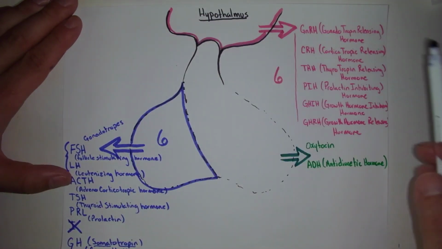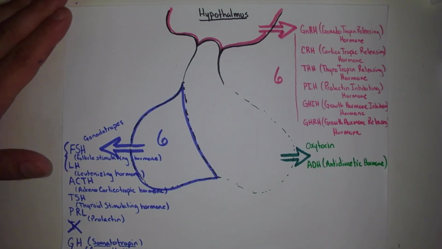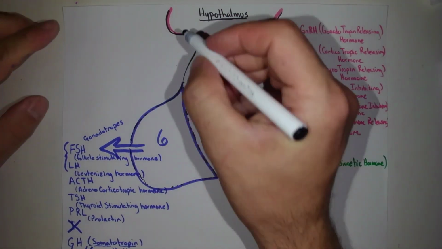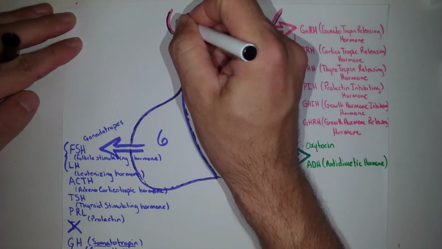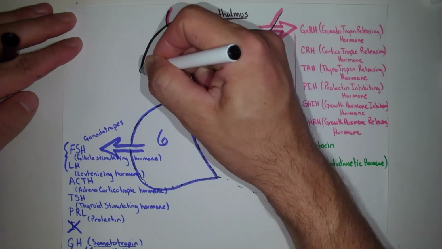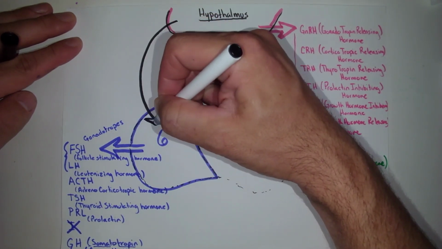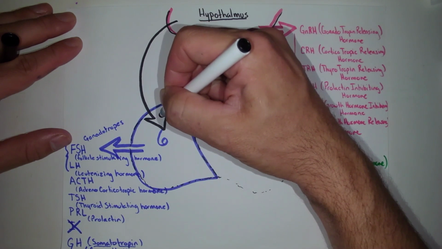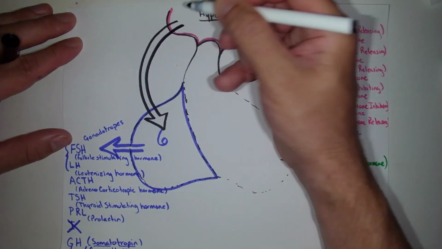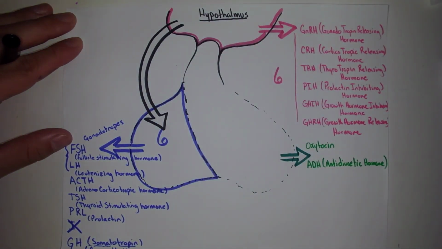But those hypothalamic hormones are going to go down and influence the release of the anterior pituitary hormones.